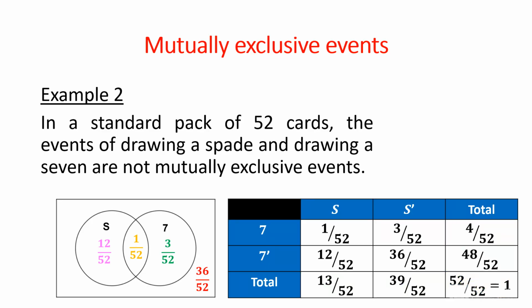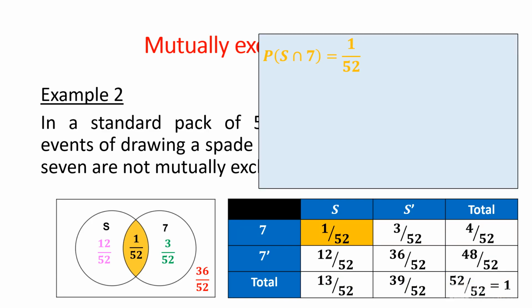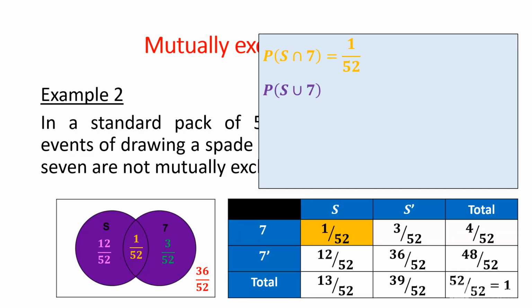And let's answer a couple of quick questions. Here's the first one. P(S intersect 7), the probability of a spade and a 7, well, that's just getting the 7 of spades, which is 1 chance out of 52. But what about P(S union 7), or we say probability of spade or 7? And here's the formula we're going to use.